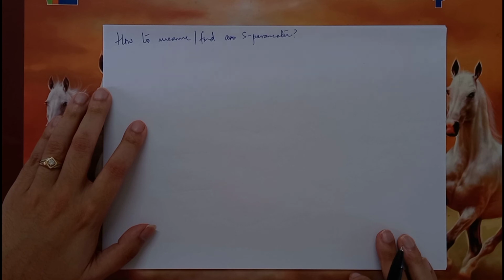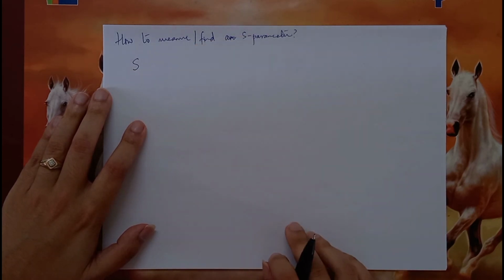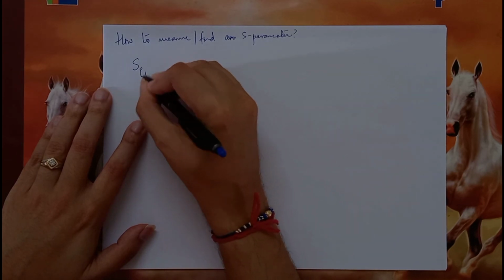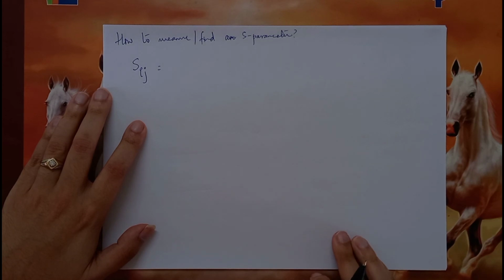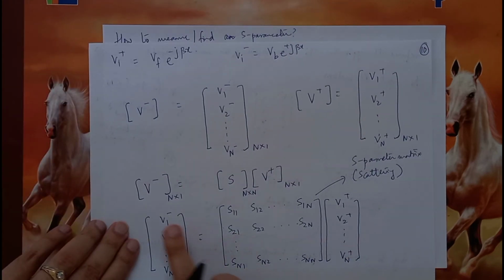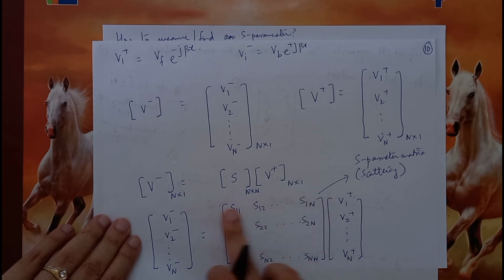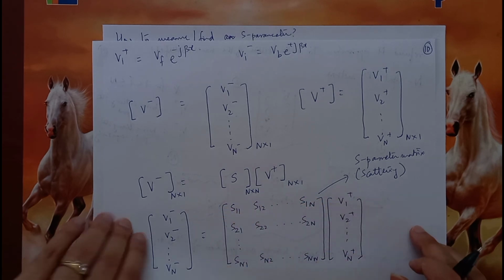Well, suppose I look at some ith row and jth column. Therefore this Sij is something we need to find. If you look at the previous matrix, each V1 minus can be expressed as a linear combination of these S parameters and the V plus.